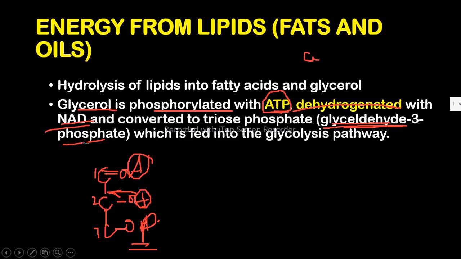Now after forming your glyceraldehyde 3 phosphate, what does that mean? You remember in glycolysis when you split a glucose molecule into two 3 carbon compounds, dihydroxyacetone phosphate and glyceraldehyde 3-phosphate? Yes. Now this is your glyceraldehyde 3-phosphate.